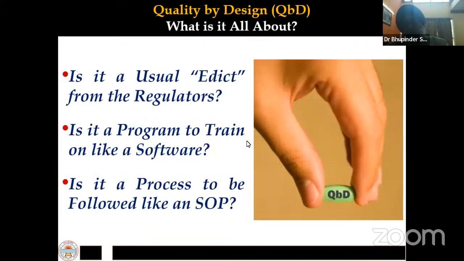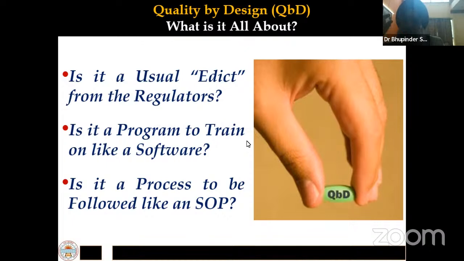While training so many pharma companies, almost all the leading pharma companies of the country and even beyond, that's Canada, Dubai, Taiwan, Bangladesh, etc., so many questions had been asked to me and my team. Why QBD?